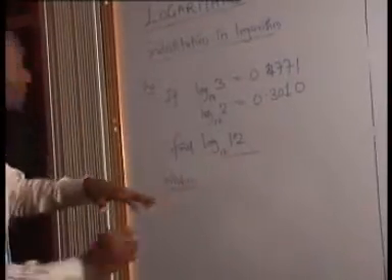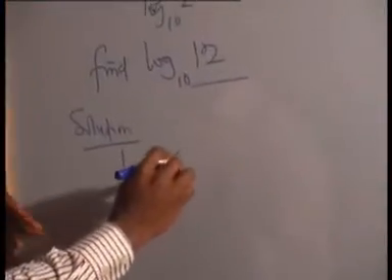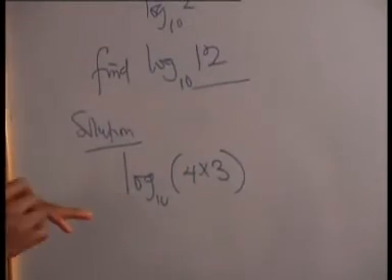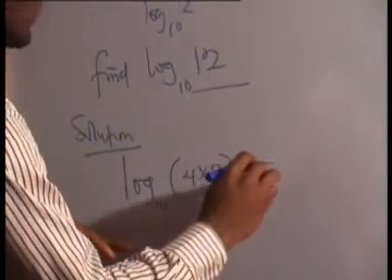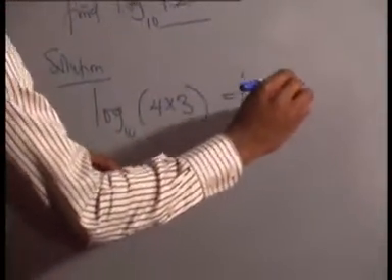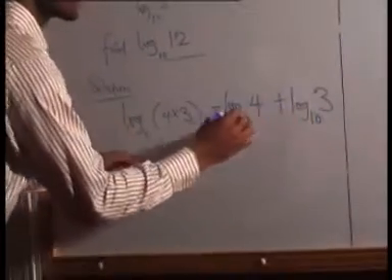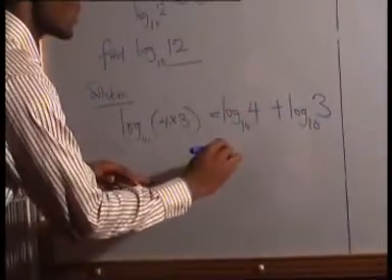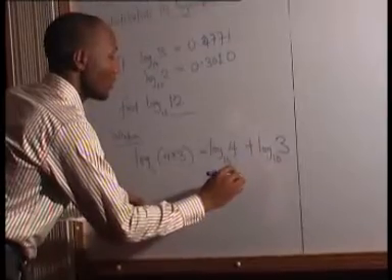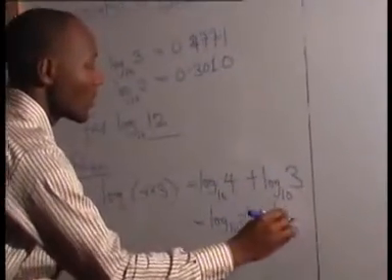If you look at 12, we can break it down to 4 times 3. If you separate it, log 4 separate, then log 3 separate. By the time you change this one, it's going to turn to 2 squared, plus log 3 base 10.